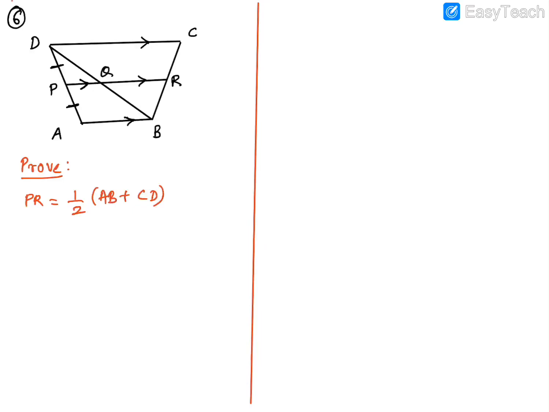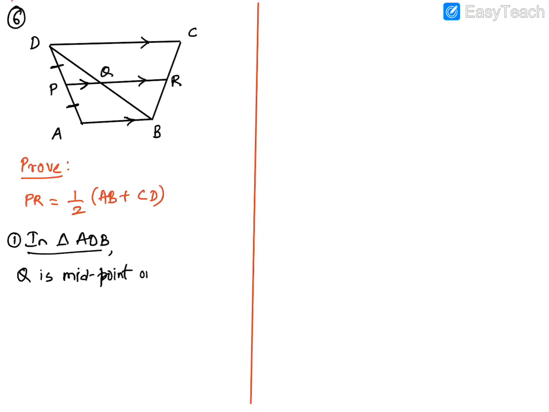So look, let's start. First statement: in triangle ADB, I can say that Q is the midpoint of DB. Tell me how I get this.